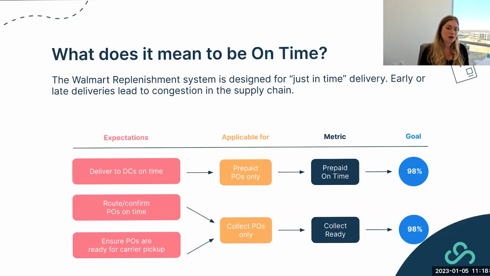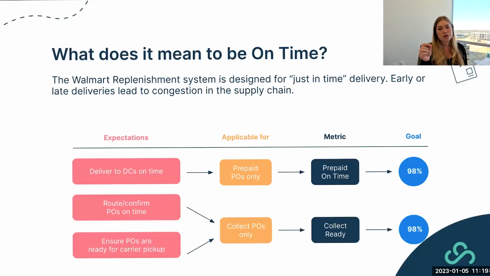So to be on time, what does that mean? That means that you need to be delivering to the DCs on time. You need to route and confirm the POs on time, and you need to ensure that POs are ready for carrier pickup. Now, that's going to depend which things or what expectations are going to apply to you based on if you're prepaid or collect.